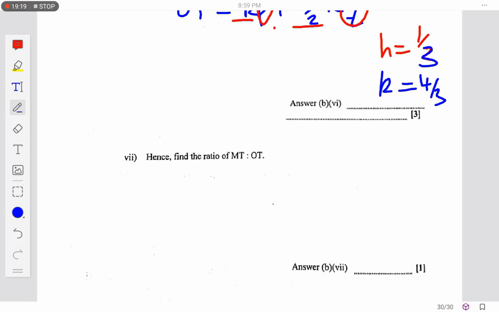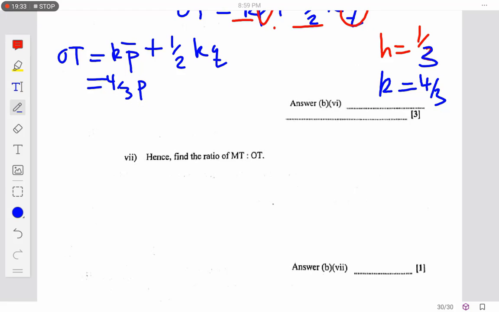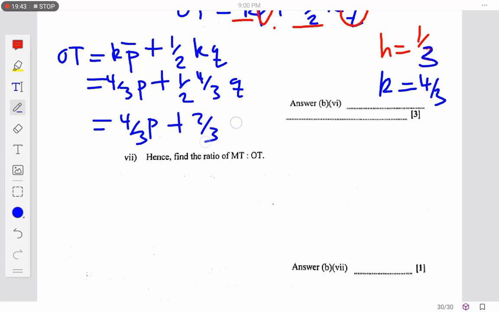So I can now rewrite OT, since we now have the values of H and K, is equal to, using K, P plus half KQ. It's going to be 4 over 3P plus half of 4 over 3Q. Okay, so I'll get 4 over 3P plus 2 over 3Q. So this is my OT.